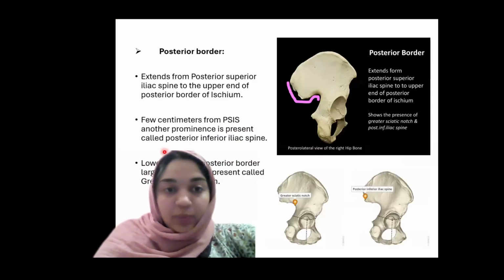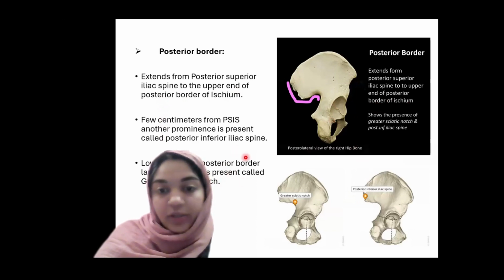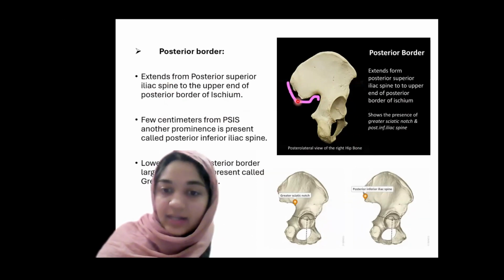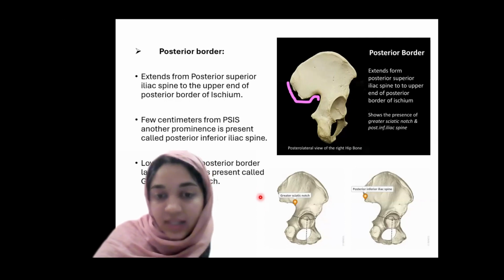Okay, moving on to the posterior border in depth now. We've already done it superficially. It extends from the PSIS to the upper border of the ischium, a few centimeters from the PSIS. So basically, at the posterior superior iliac spine, another prominence is present called the posterior inferior iliac spine, right? You can see this is the greater sciatic notch and this is the posterior inferior iliac spine.